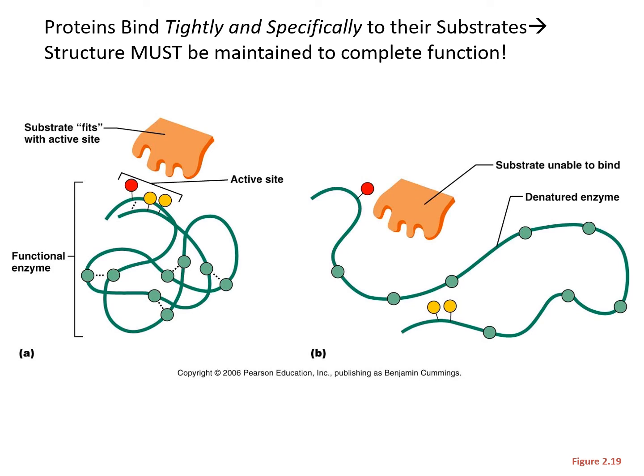So I told you that proteins bind specifically and tightly to their substrates. In order to do so, all of these levels of structure absolutely have to be maintained. Okay, and so what we can see here is a functional enzyme, right? So molecule that is going to catalyze a particular reaction. The green chain right here is representing the primary structure, so a chain of amino acids.